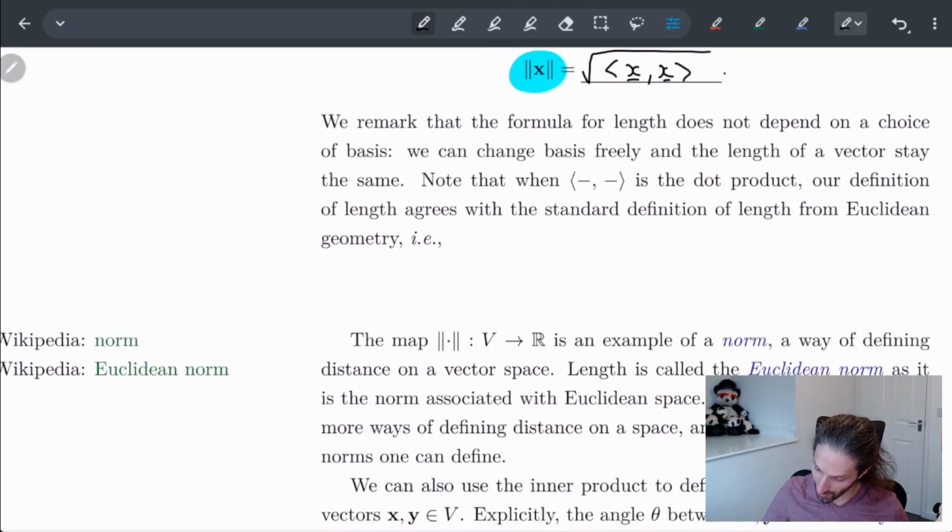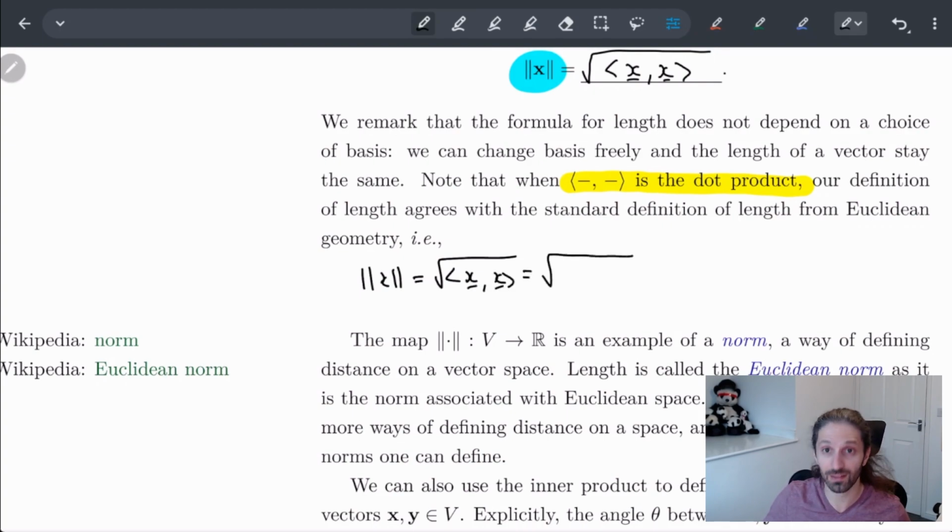If we look at our normal Euclidean vector space, like normal Euclidean geometry, where the inner product is the dot product, then our length is the square root of x dot x.